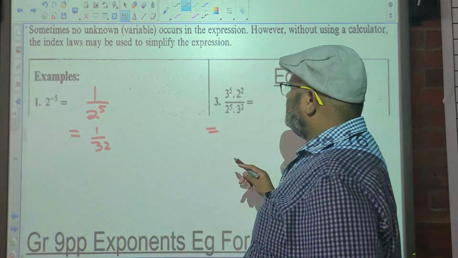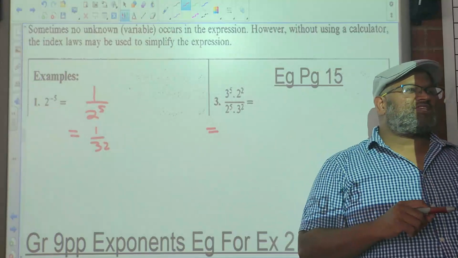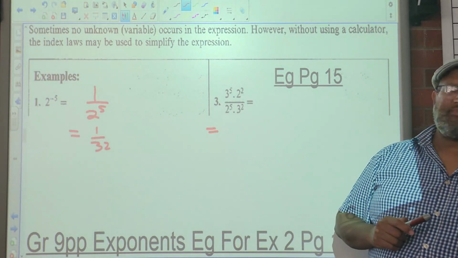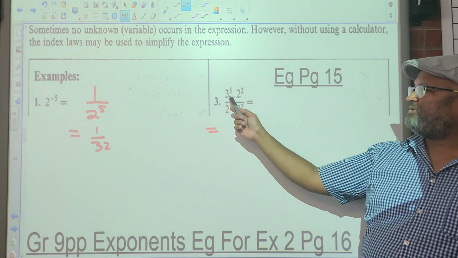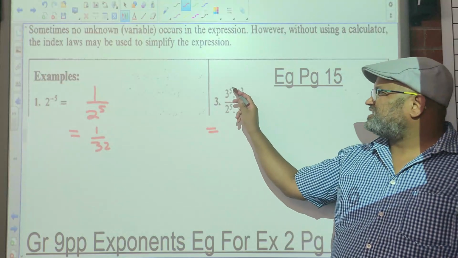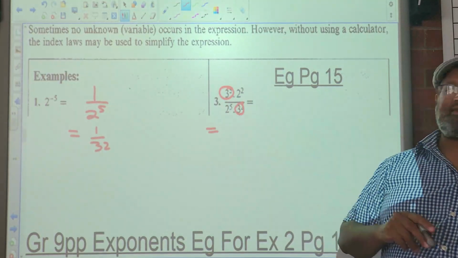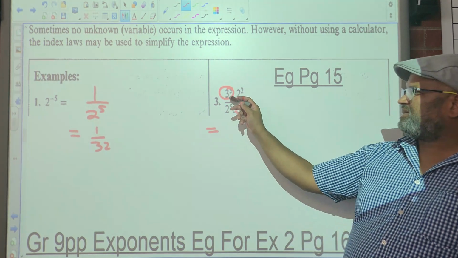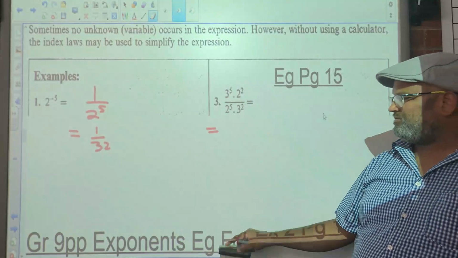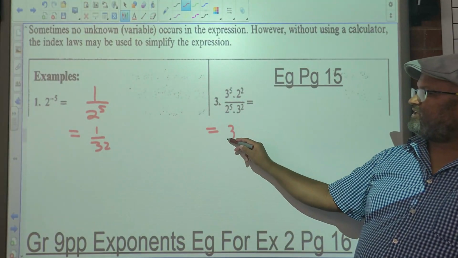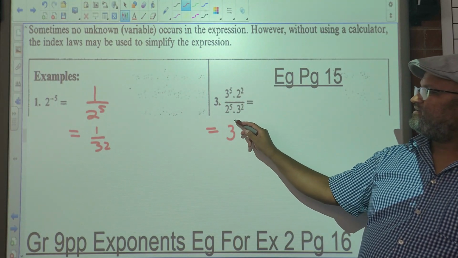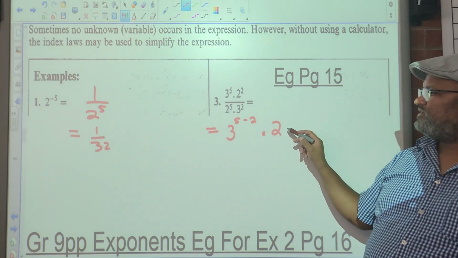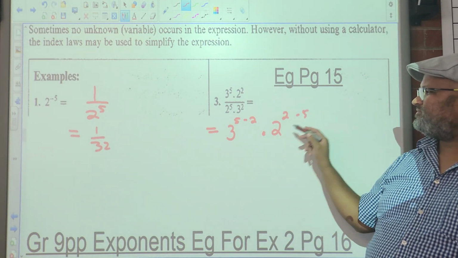Okay, next one. When we're multiplying and the bases are the same, we add the exponents. Are these bases the same? No. However, when we divide and bases are the same, what do we do? Subtract. So this exponent can be subtracted from that exponent. Whatever follows from, you write first normally. So in other words, this will be 3 to the exponent 5 minus 2 times 2 to the exponent 2 minus 5.